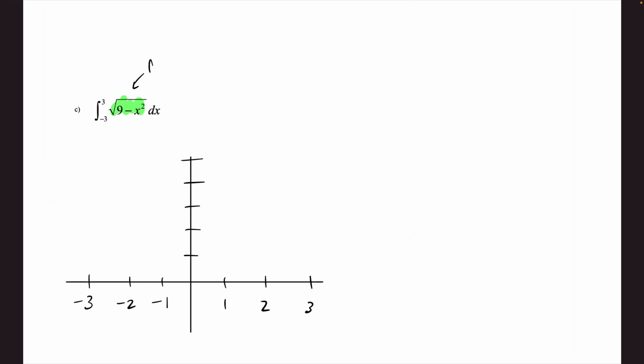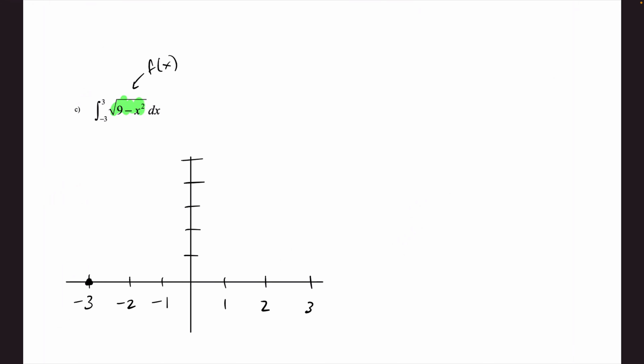That's f of x. So when I plug in -3 into the function, what am I going to get? Not 9. Minus 9. 9 minus 9 is 0, what's the square root of 0? 0. I thought you were trying to trick us.